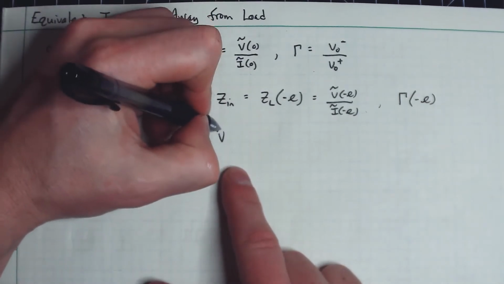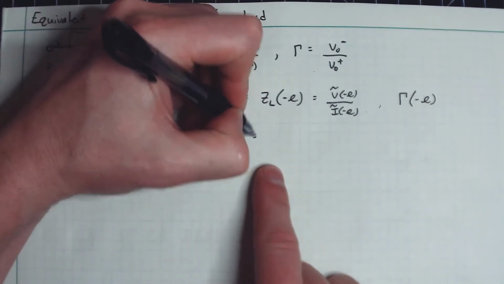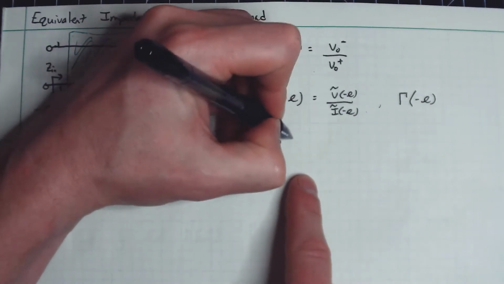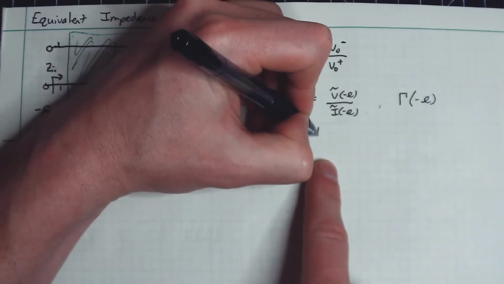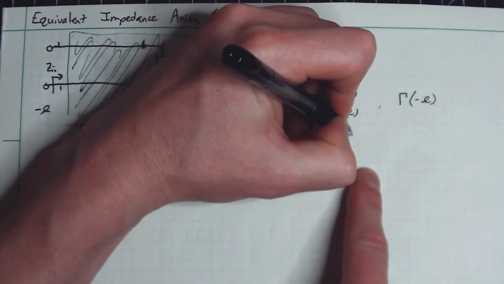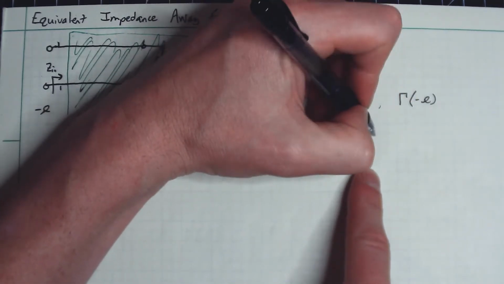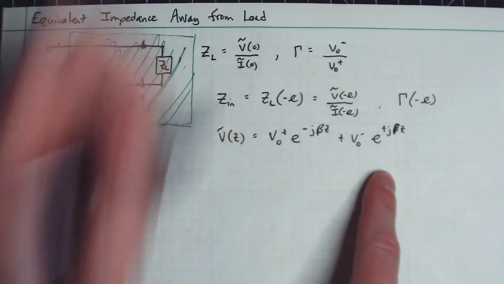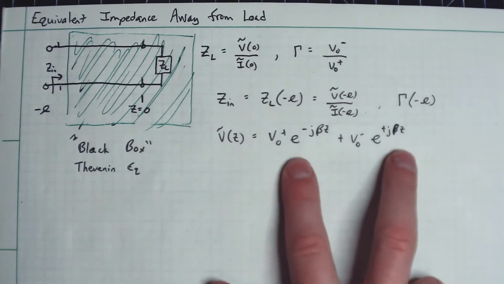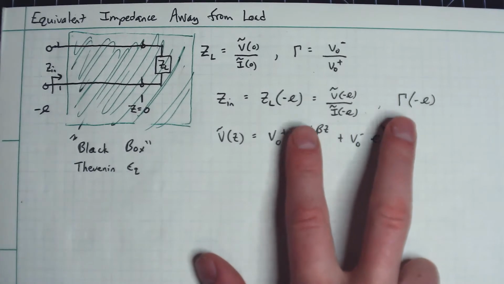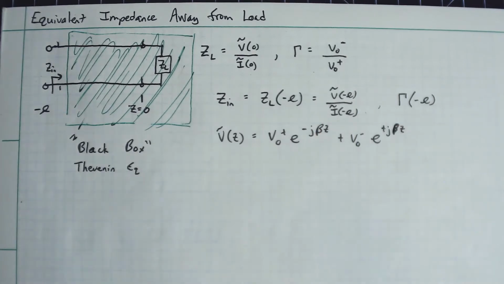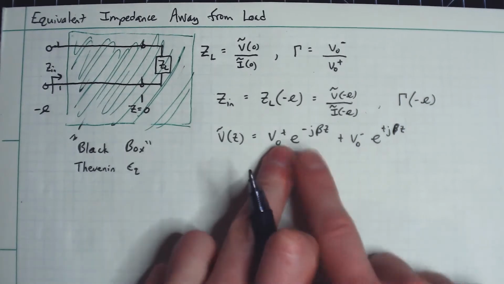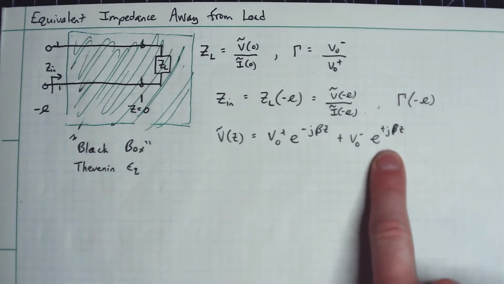So remember that the voltage along a transmission line was V naught plus e to the minus j beta z plus V naught minus e to the plus j beta z. So typically when we evaluated the reflection coefficient, we did it at Z equals 0. But if we just move it down a little bit, we're just going to essentially take the ratio of this thing to that thing over there.